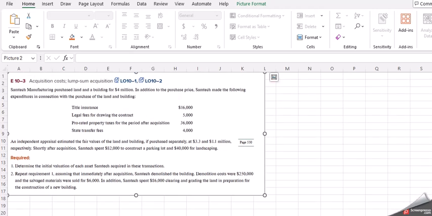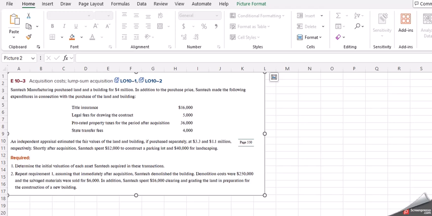acquisition costs and a lump sum acquisition. So we have a manufacturing company that purchased land and a building for $4 million. In addition to the purchase price, Samtech made the following expenditures in connection with the purchase of the land and the building. So title insurance, legal fees for drawing up the contract, prorated taxes for the period after the acquisition, and then state transfer fees.